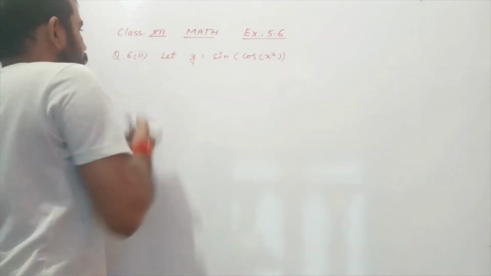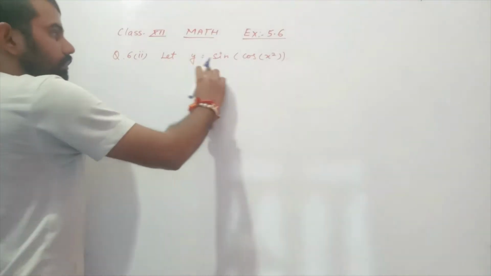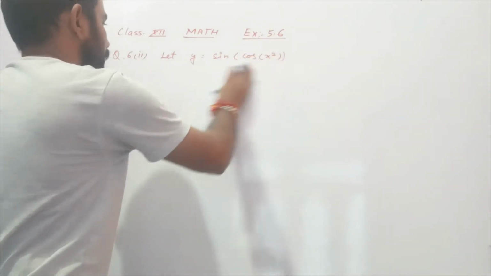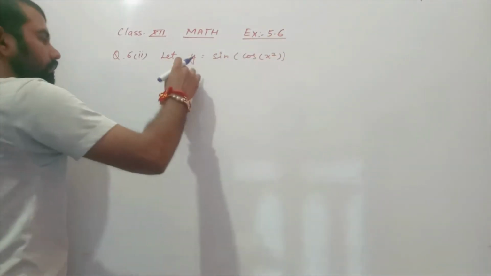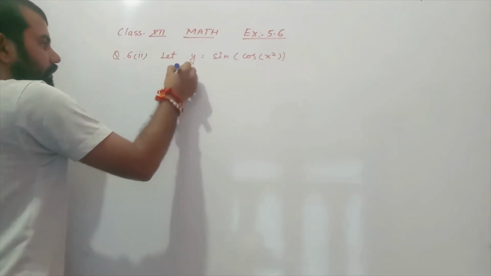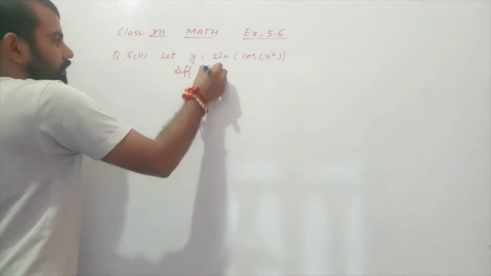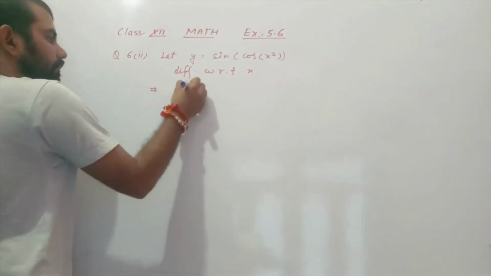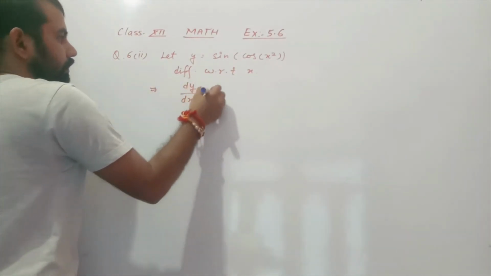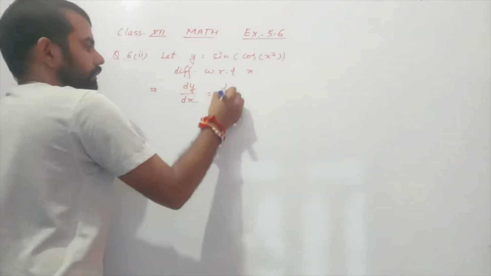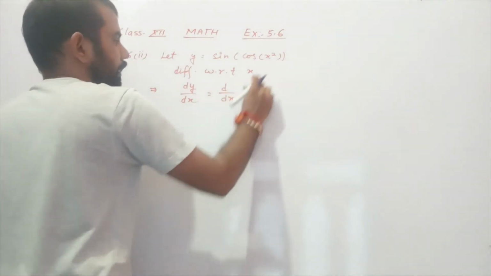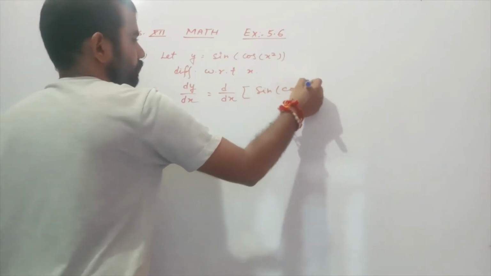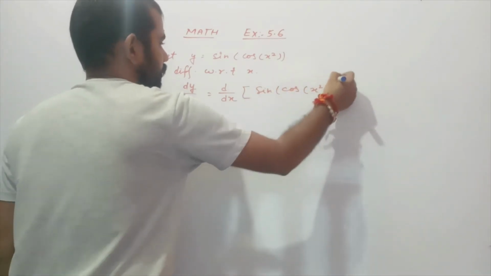Next question is 6 second. y is equal to sin of cos of x square. We have to find the differentiation of this function. So differentiating with respect to x, this implies that dy by dx is equal to d by dx of sin of cos of x square.